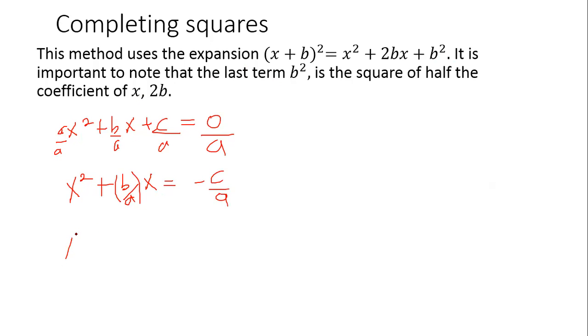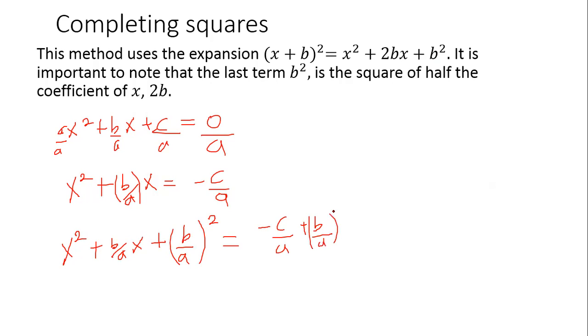So we shall have x squared plus b over a x, then plus b over 2a squared, is equal to negative c over a plus b over 2a squared.